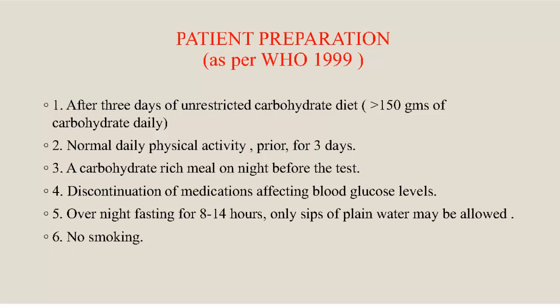They can raise the blood glucose level of a person. So, you have to discontinue these sorts of medicines. Now, coming to point number 5, overnight fasting for 8 to 14 hours. Here only sips of plain water may be allowed. And number 6 point is no smoking.